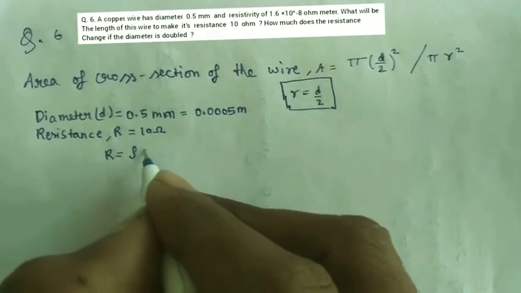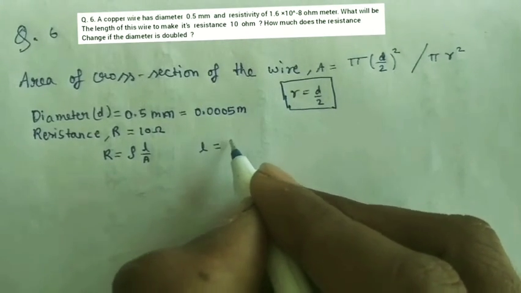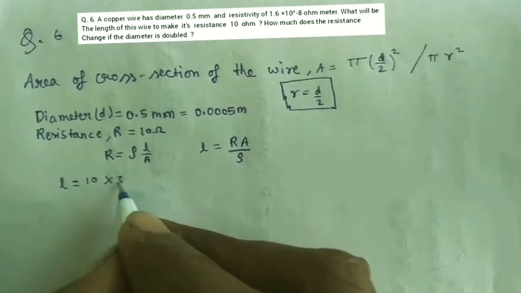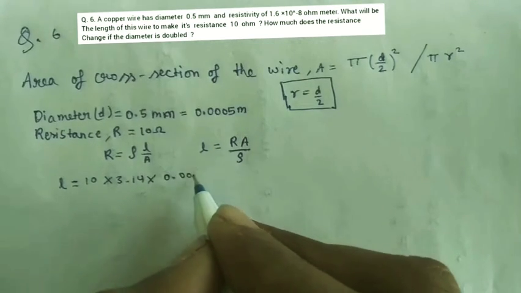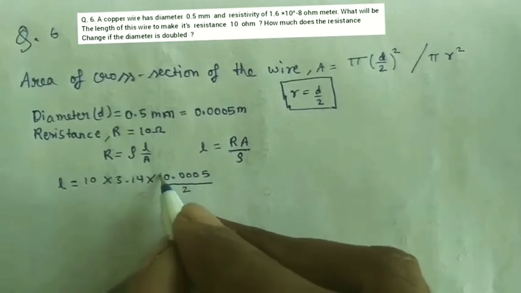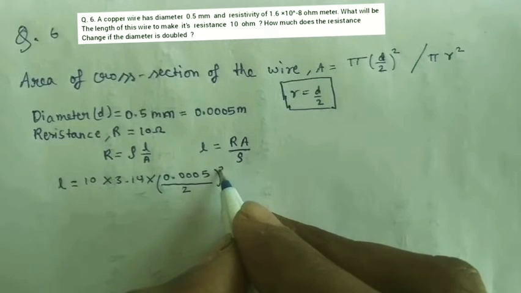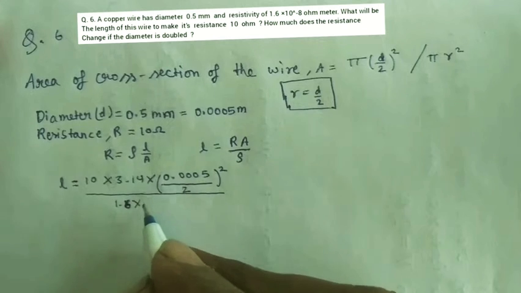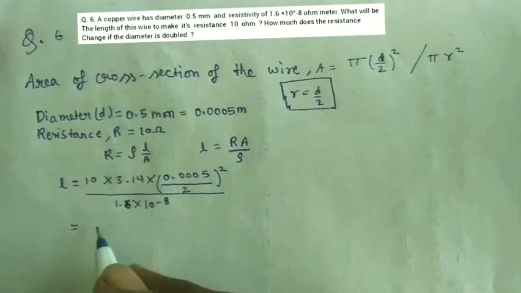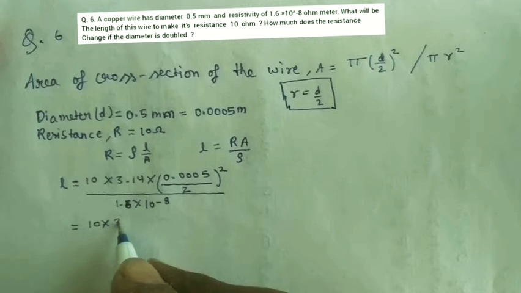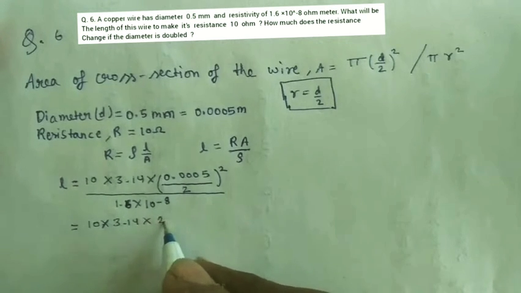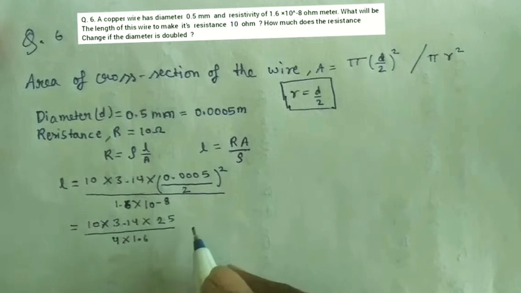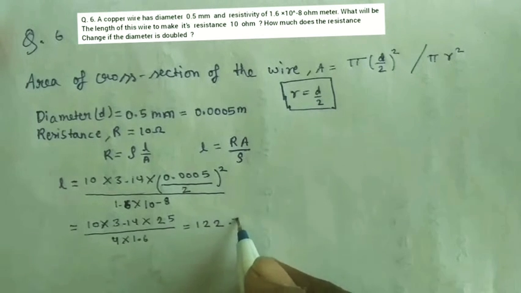R is equal to rho L by A, so L is equal to R A by rho. L is equal to 10 into 3.14 into 0.0005 upon 2 whole square, divided by 1.6 into 10 to the power minus 8, which is equal to 10 into 3.14 into 25 divided by 4 into 1.6, is equal to 122.7 meter.